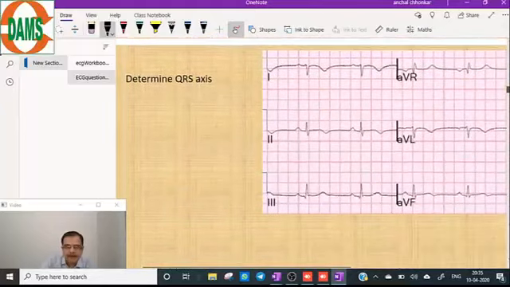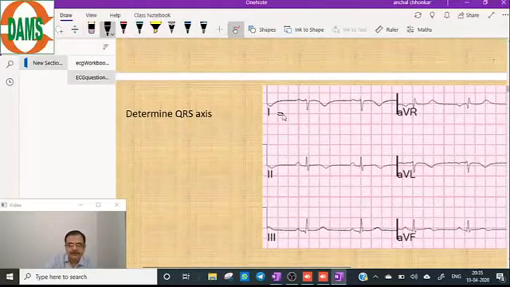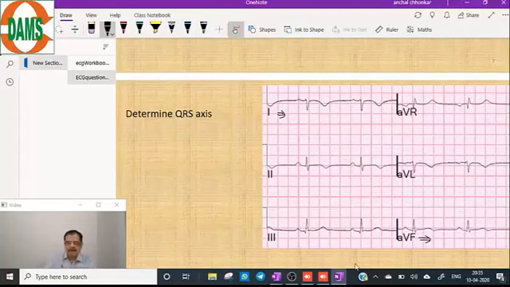Now come to determine the axis. Second question.